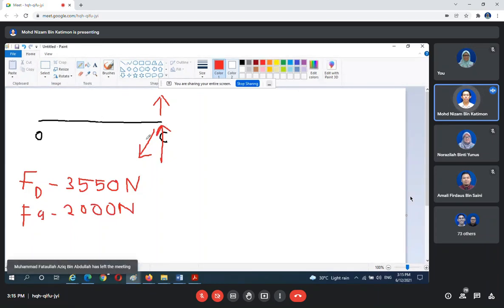Imagine that we have a shaft and then we have the gear.